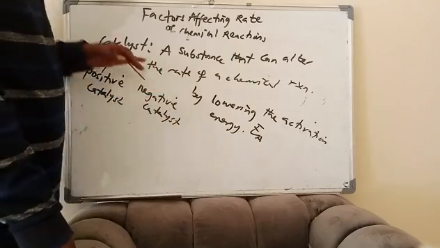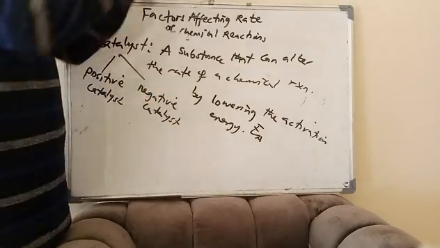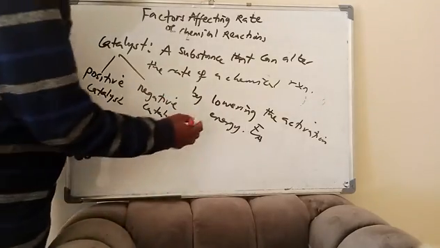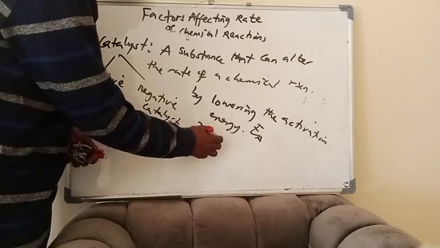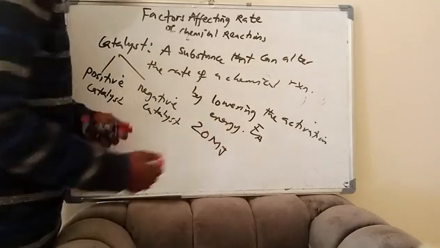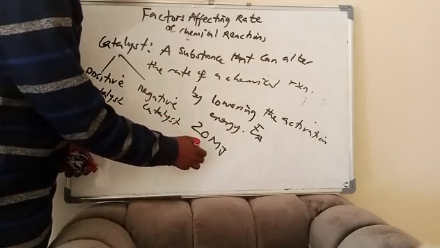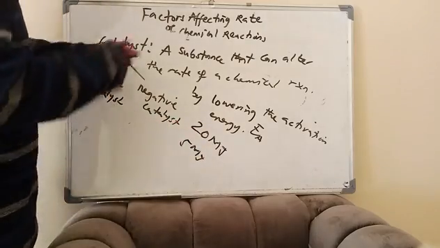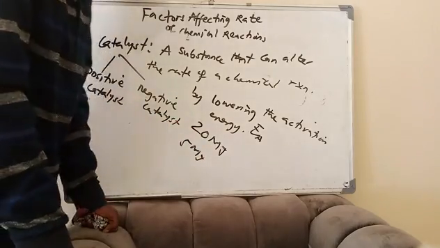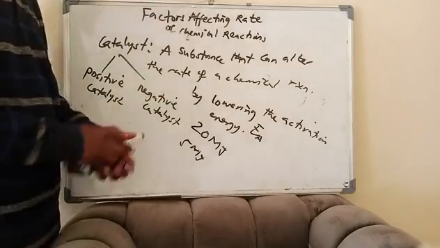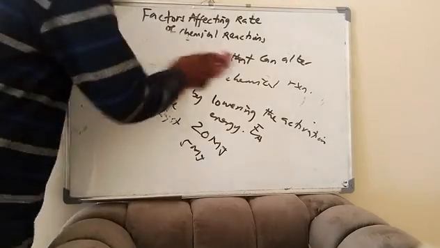What the catalyst does is bring down the activation energy so that the reaction can quickly occur. For instance, if a reaction requires 20 megajoules of energy to take place, a catalyst can help in bringing it down to 5 megajoules. So the reaction can take place much quicker. That's what the catalyst does. It increases the rate of chemical reaction by lowering the activation energy.